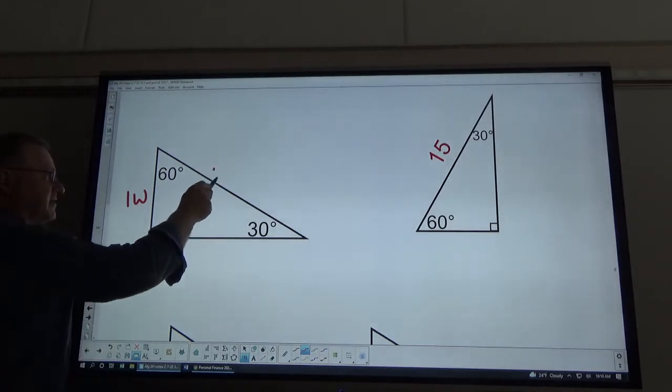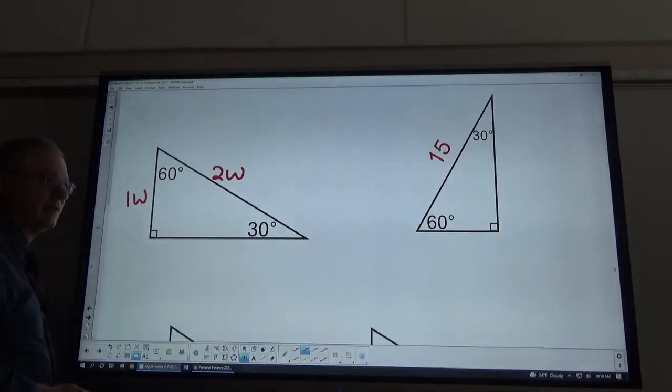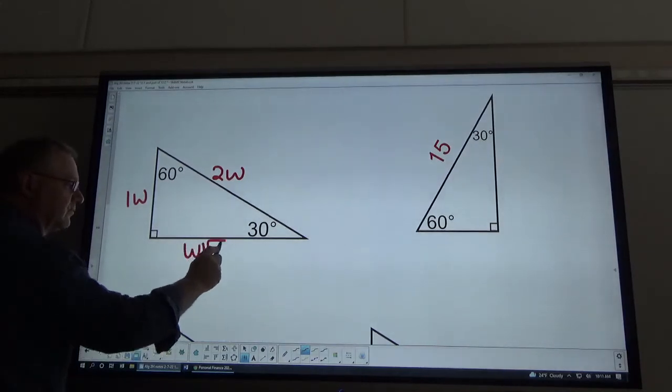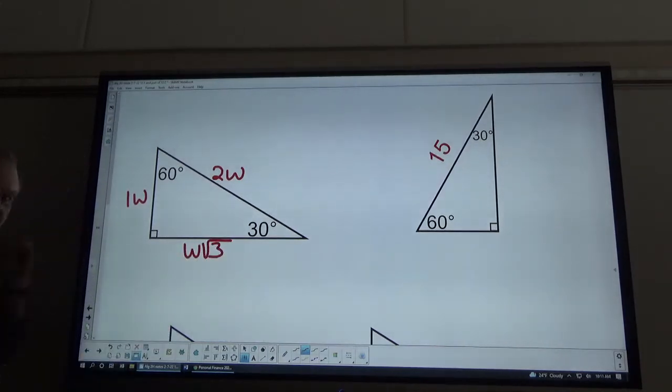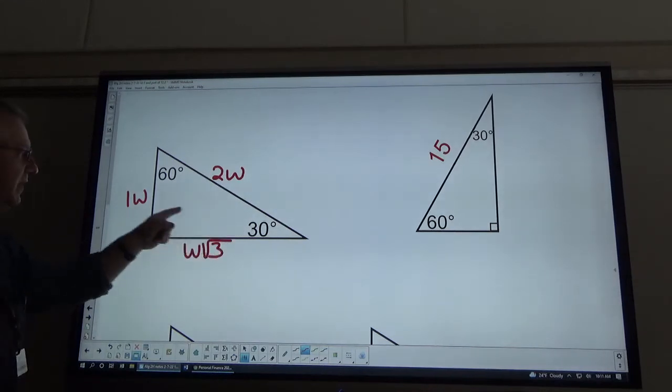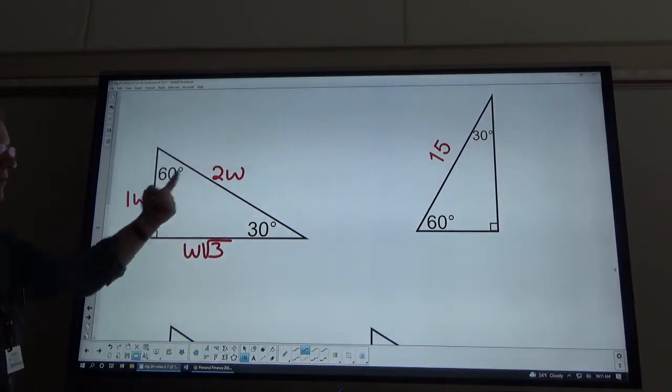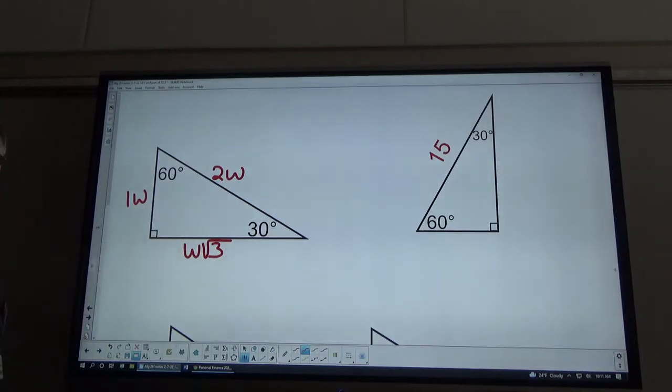Across from the 90 is the 2w side, and across from the 60 is the w square root of 3 side. All right, so if those are your ratio of sides, by the way, one thing to notice, the smallest angle has the smallest side across from it, middle side and biggest side has the biggest angle.